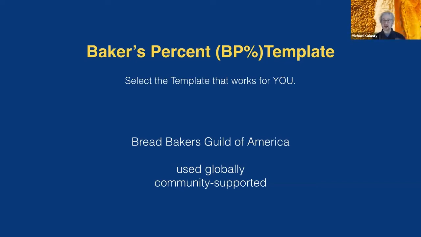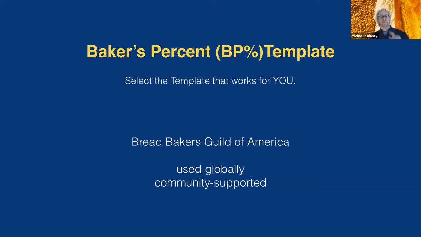You have to track them all, and you need one baker's percent template in order to do that. There are many out there, so pick the one that you want. I like the one from the Bread Bakers Guild. I've used it, I work with them, I know several people on the guild who helped bring that together, and it works for me.